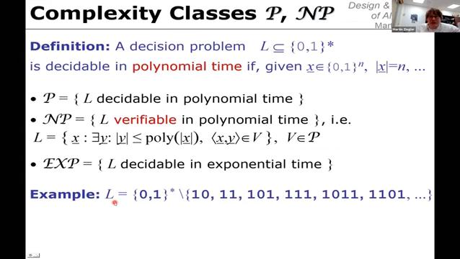So let's try to reformulate it as a problem of this very form, as an example and motivation of why this is called verifiable. What would be a natural witness for a number to be not a prime number? Well, if we're given a proper factor, right?